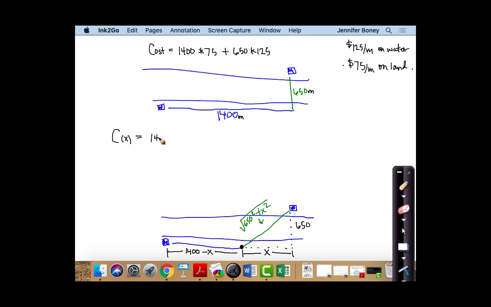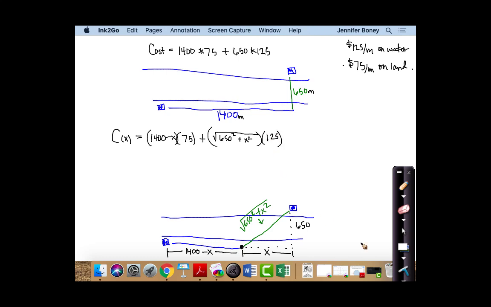So 1400 minus x times 75 plus, from the second part, the length of cable isn't 650 anymore. It's this hypotenuse, the square root of 650 squared plus x squared, times the cost for laying cable under the water, which is $125 per meter.